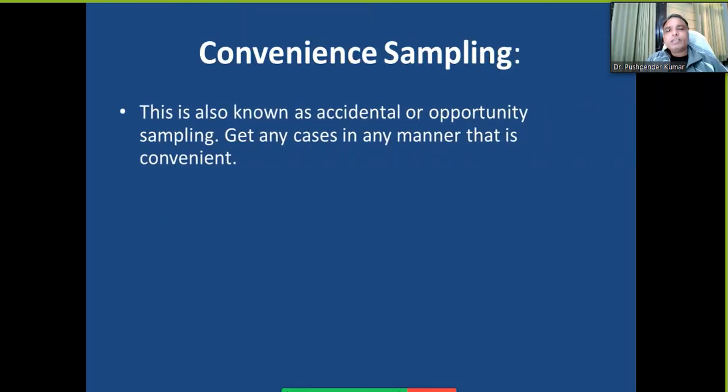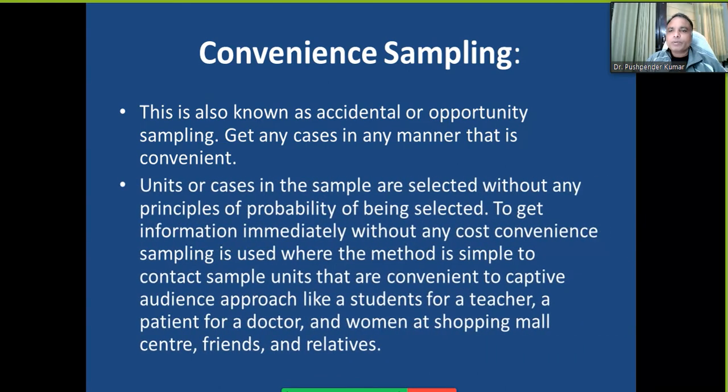First, convenience sampling, which is also known as accidental or opportunity sampling. Get any cases in any manner that is convenient. That is totally up to you. Units or cases in the sample are selected without any principle of probability of being selected. So you can select anyone as per your convenience. No method, no simple random method, no other method, to get information immediately without any cost.